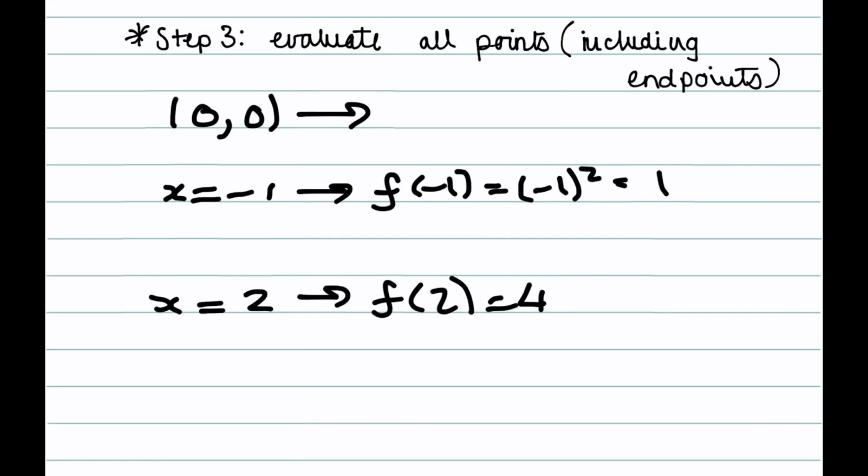So now we can see that we have (minus 1, 1), (2, 4), and (0, 0).